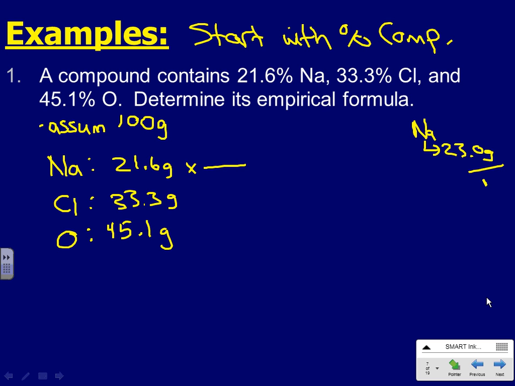23.0 grams per mole. What's going in where so I can convert that 21.6 grams into moles of sodium? What goes where? Yep, 1 mole on the top, 23.0 grams on the bottom, equals, and you will do the exact same thing for the rest of the elements using their molar masses.